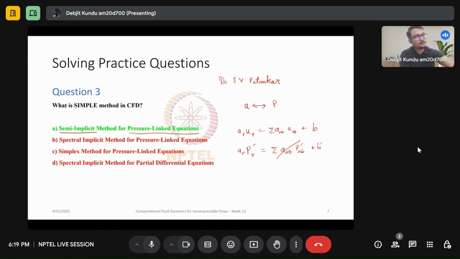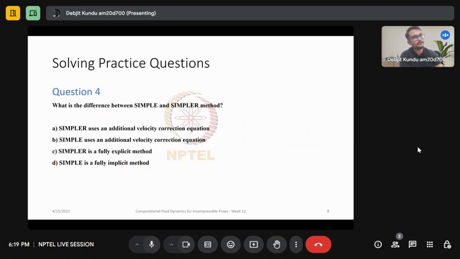Okay, so moving on to question number 4, which is asking us what is the difference between the SIMPLE method and the SIMPLER method, SIMPLER being SIMPLE revised.